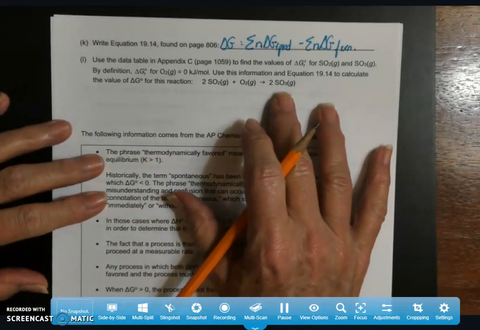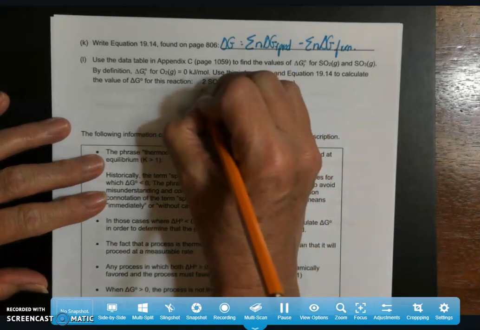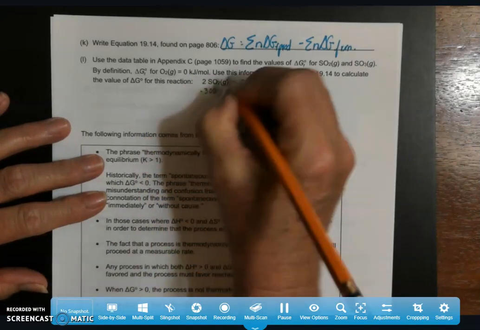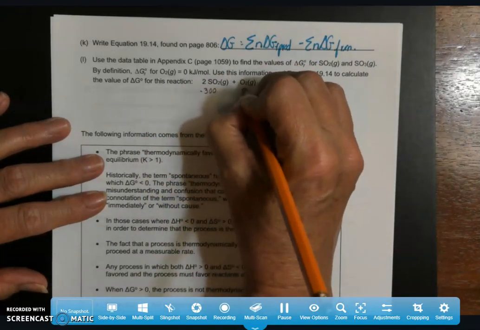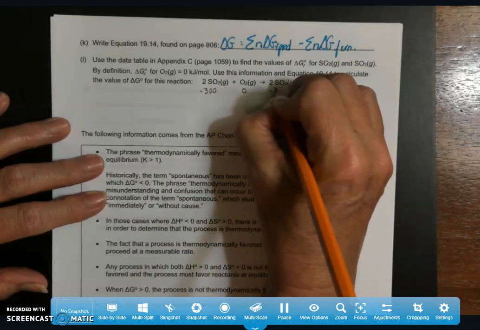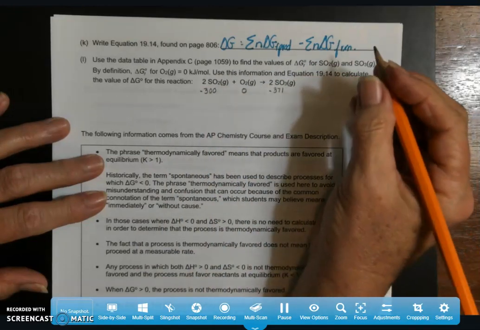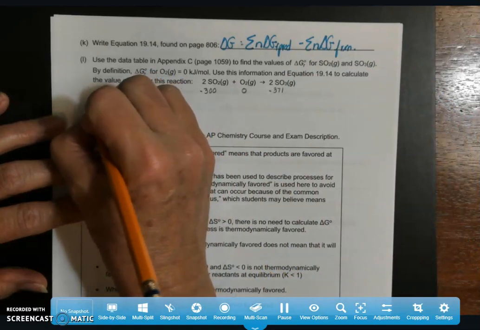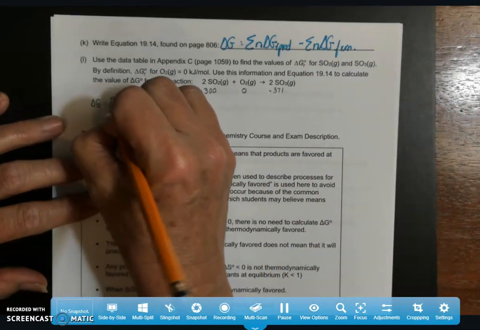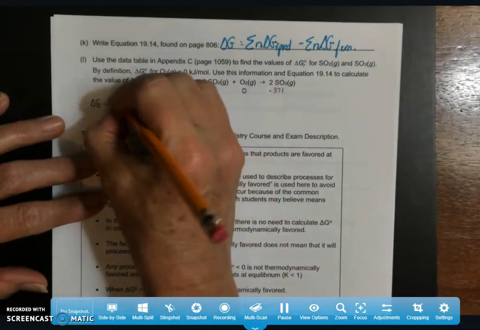All right, so if I look these up in a table, I get a minus 300 here, 0, and minus 371 here. So delta G is equal to, we're going to do products minus reactants again.